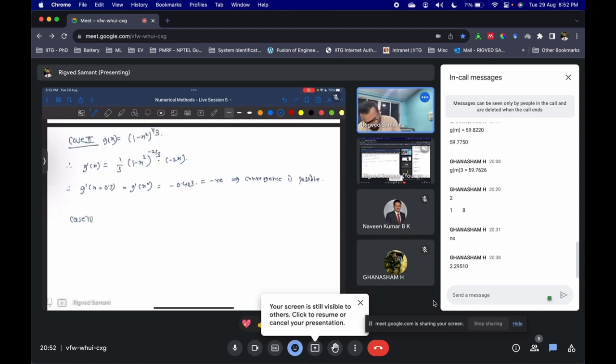Case 3, g of x is equal to (1 minus x cube) raised to 1 by 2.